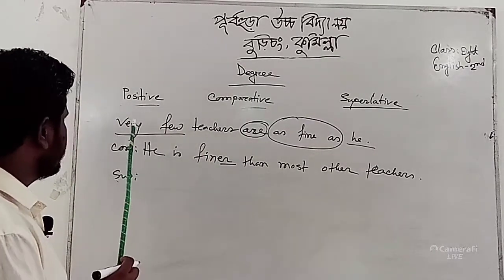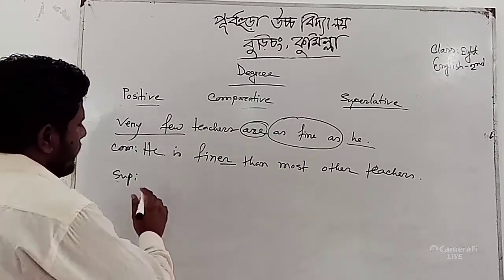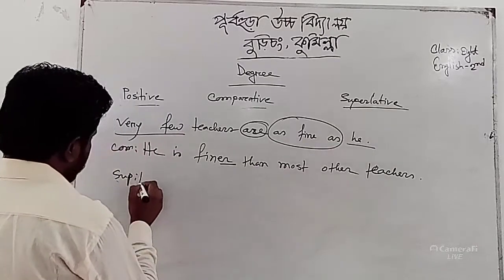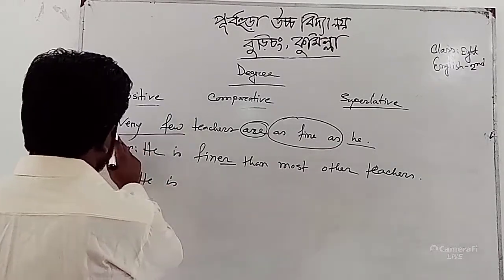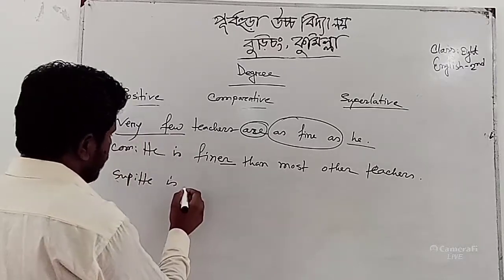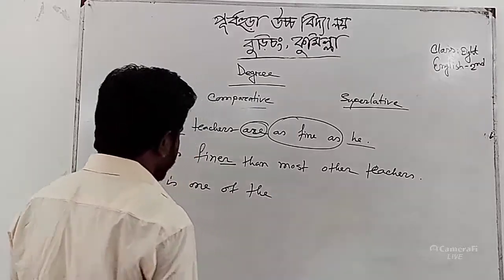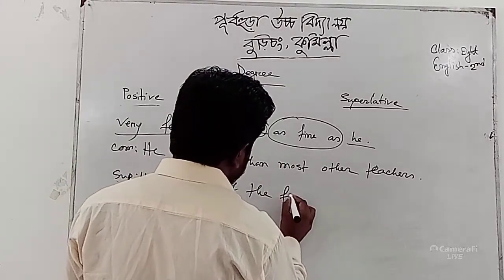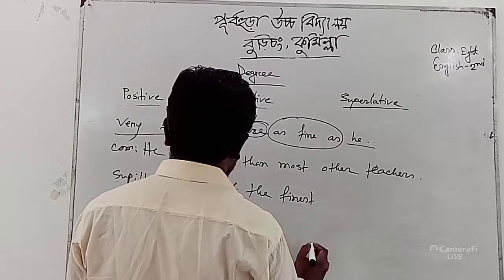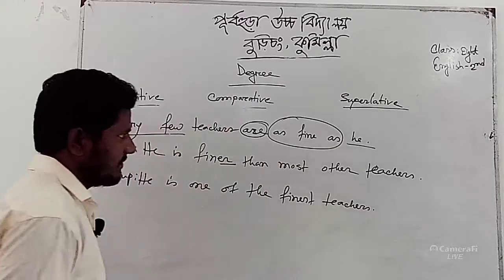And if you want to change it from positive to superlative degree, then we need to bring the second subject to first one, he, and then is, and then at the very beginning we see very few, so here one of the, we need to write one of the, and then the superlative form of fine will be finest teachers.